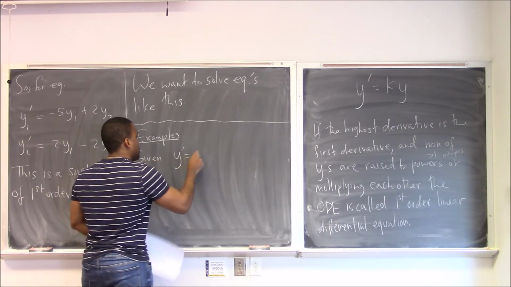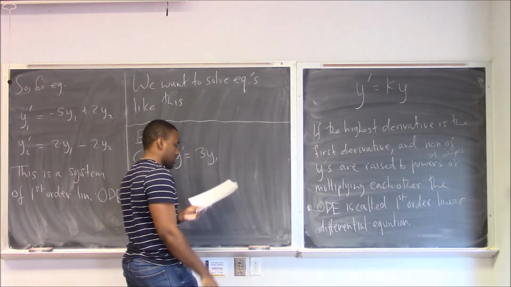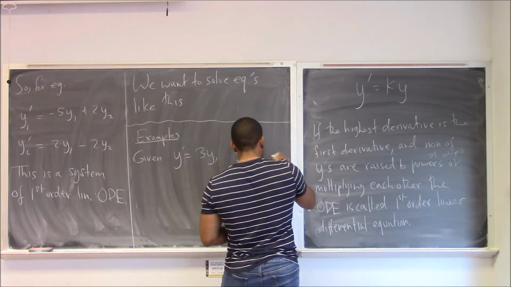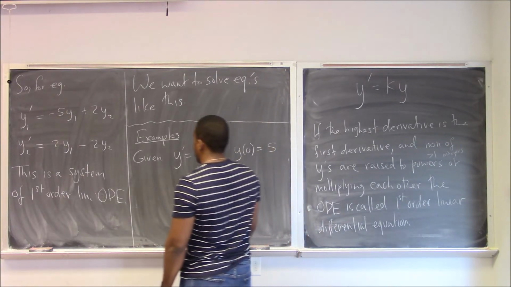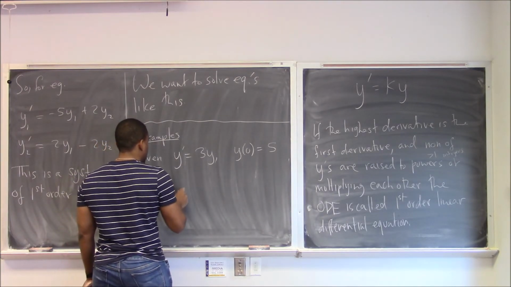Given y prime equals 3y, and y of 0 is equal to 5, solve this ODE.